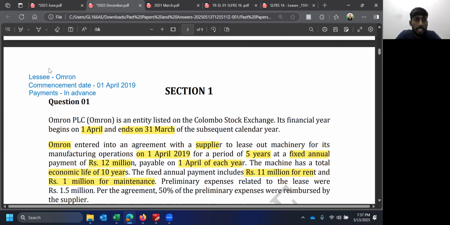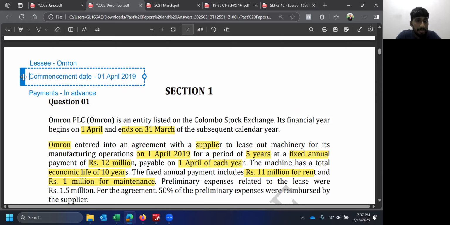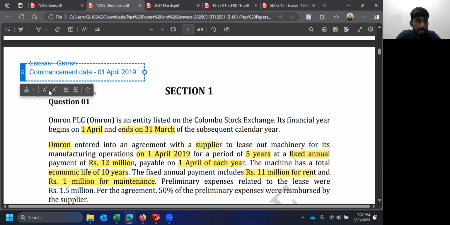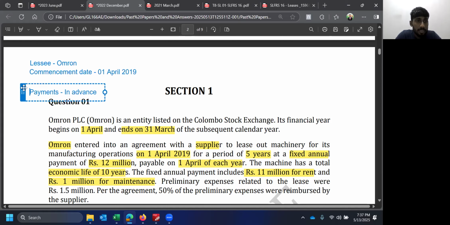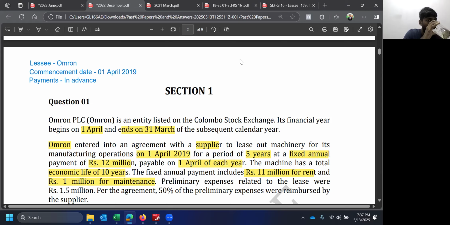I told you in a lease, there can be lease components and non-lease components.